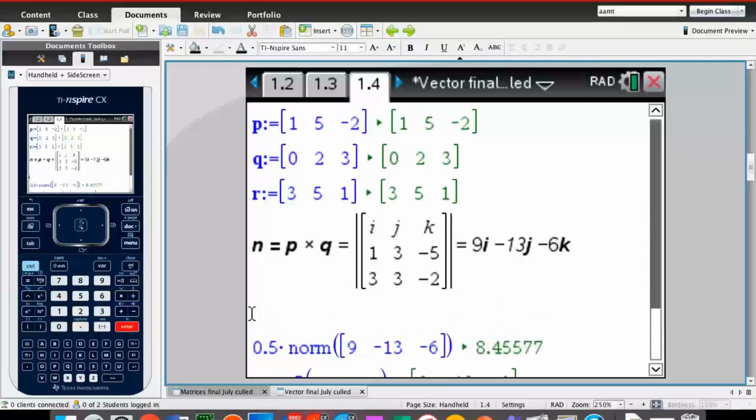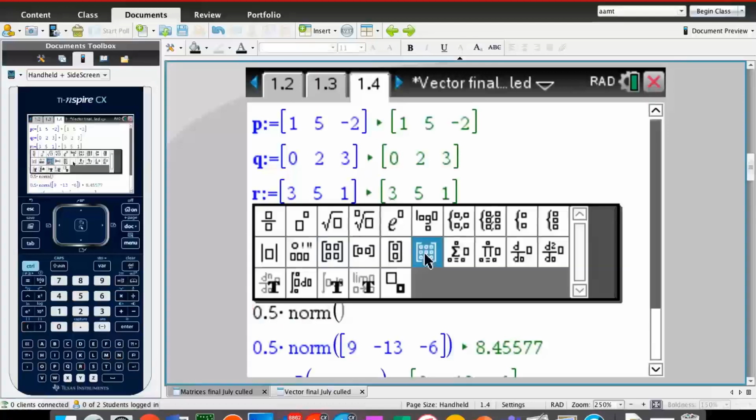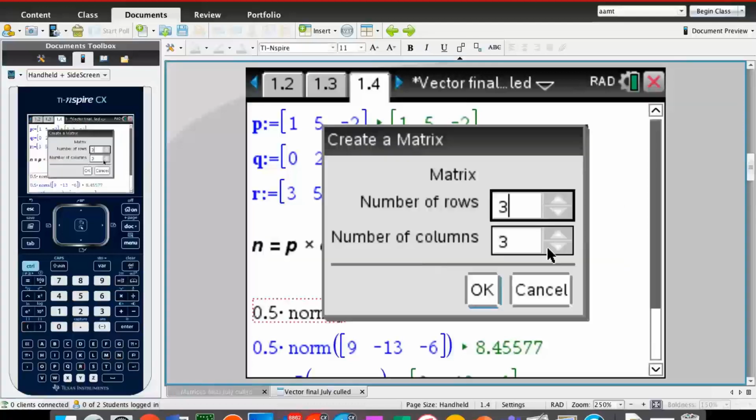So if I put in Control M, so 0.5 times the norm, and you'll notice it jumps up from italic to non-italic, and then always use an open bracket, and then put in our matrix form. So we want a row with 3 entries.